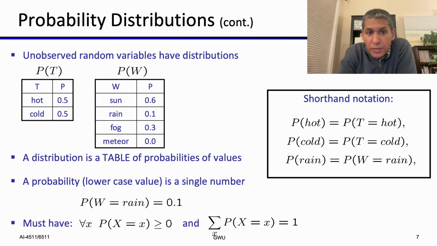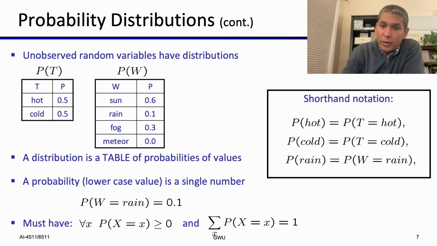Even the unobserved random variables have some distribution. We may or may not know about it. If we know about it, we can certainly use that. And if we don't know about it, that means we still have to infer it. The distribution is a map, or in other words, a table of each particular domain value with a probability.